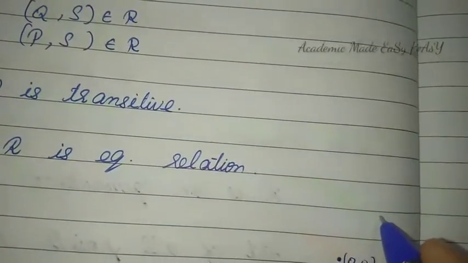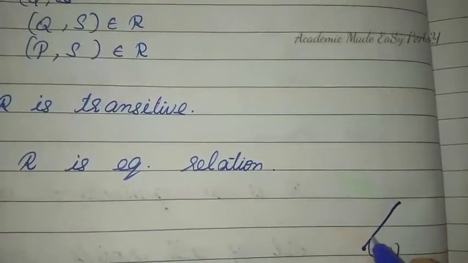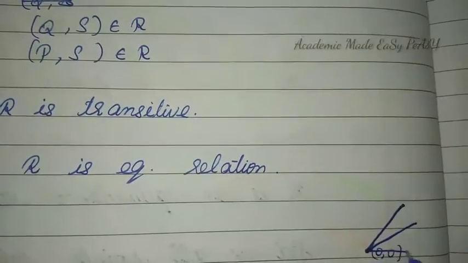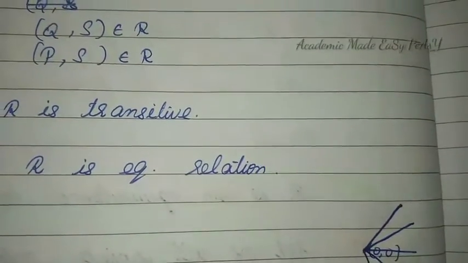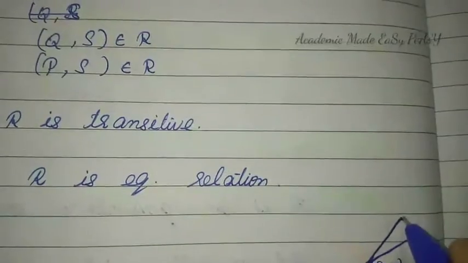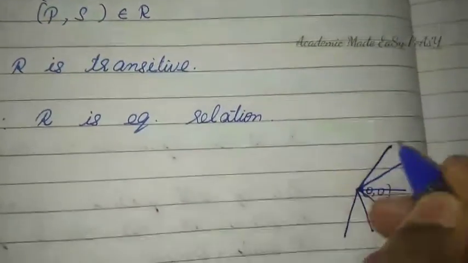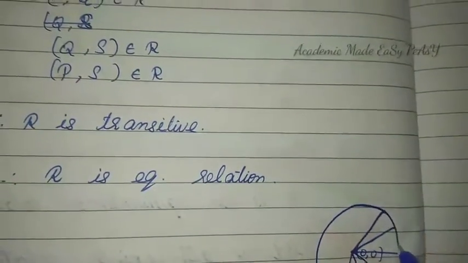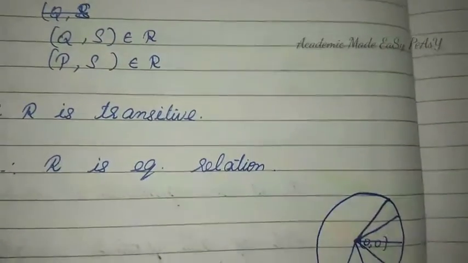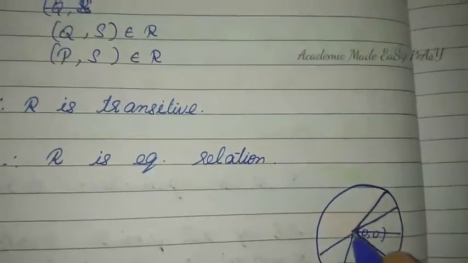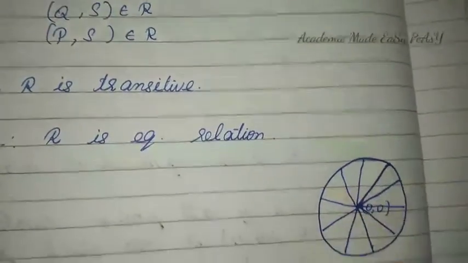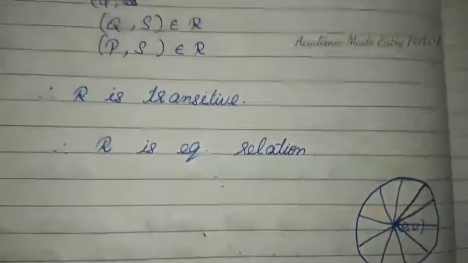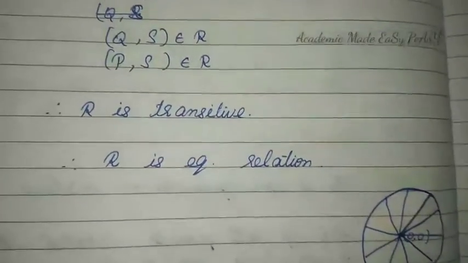If I say P is over here, and we take a line, with equal distance, if we have all points, we will get a circle. Only the radius will have equal length, isn't it? So if points are here, it forms a circle.